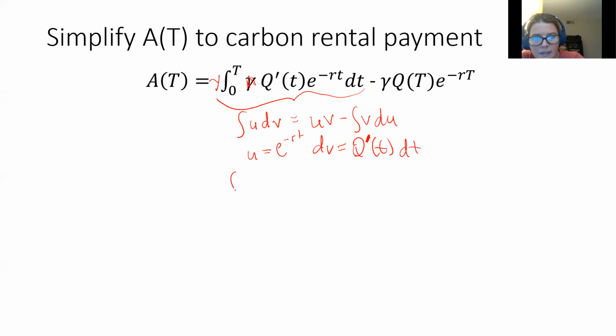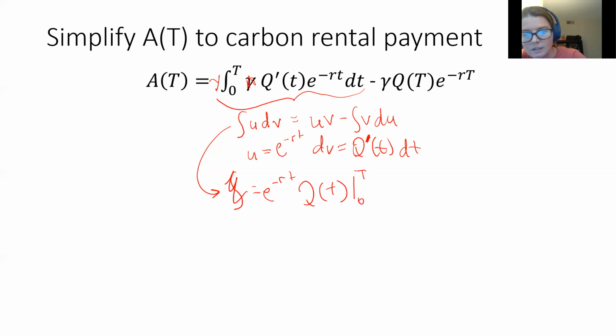Okay, so now plugging this into our integration by parts equation, we're going to have this thing equal to u, e to the negative rt, times v. So we have to integrate our dv term, and integrating our q t derivative is just q t again. So that's easy.